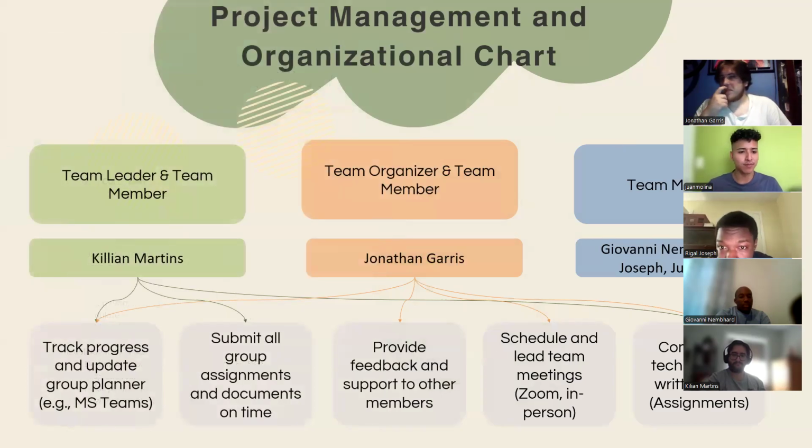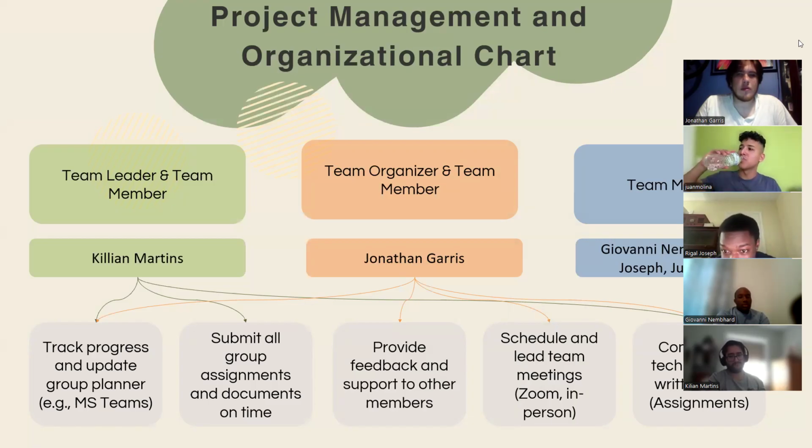All right, so we'll talk about the project management and the organizational chart. Our team leader is Killian Martin. He deals with tracking progress and updating group planners on MS Teams. He also deals with submitting all group assignments and documents on time, as well as completing technical and written tests and assignments.